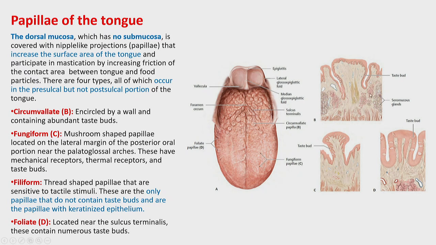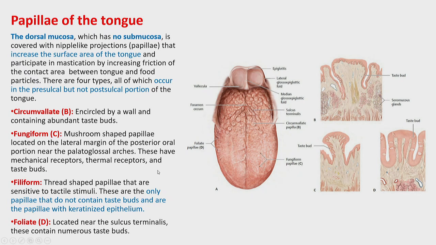And here is an enlargement of this circumvallate papilla, and you can see that it has taste buds, so it is also responsible for the perception of taste. The other one is the fungiform.